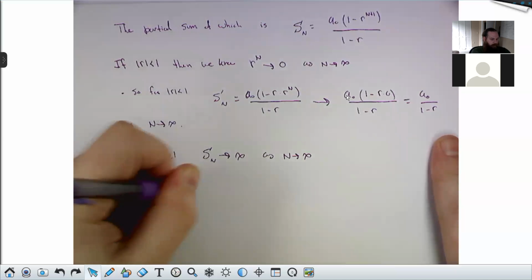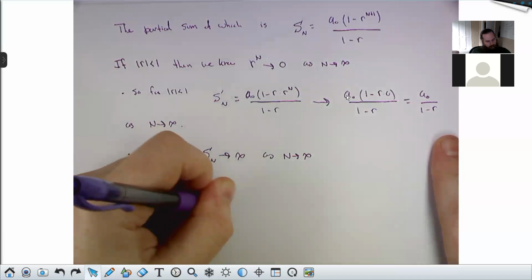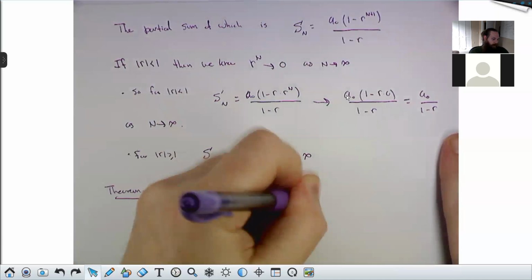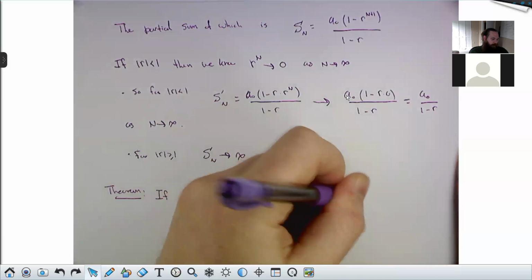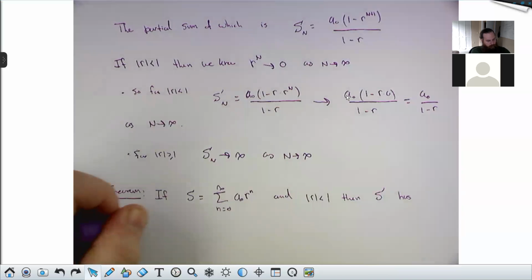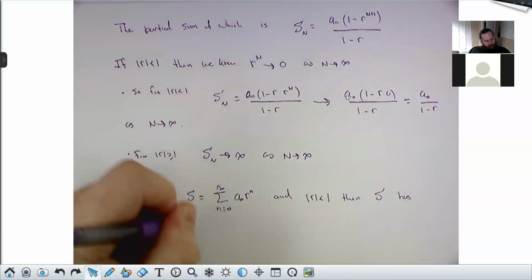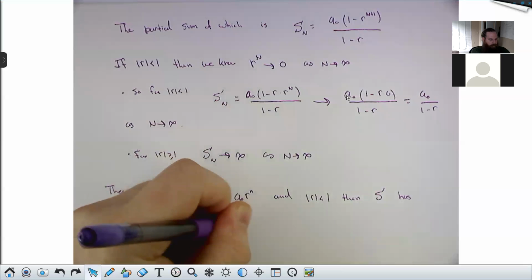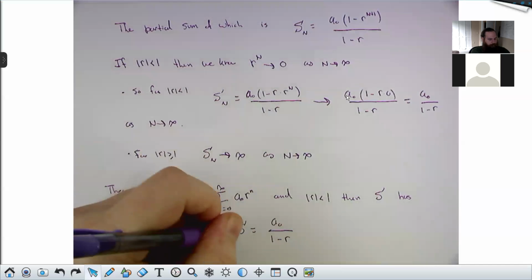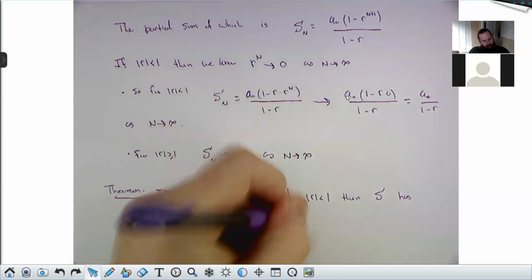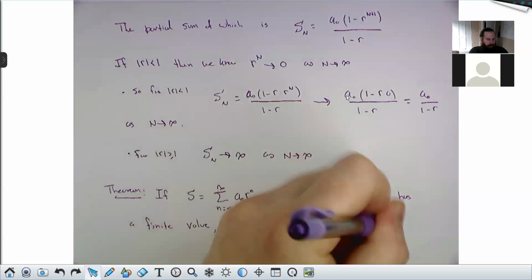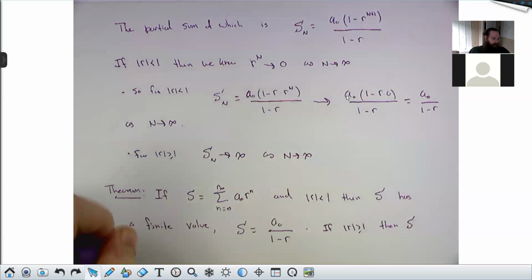If S is a geometric series and the absolute value of r is less than 1, then S has a finite value. Namely, S is equal to a naught over 1 minus r. If the absolute value of r is bigger than or equal to 1, then S does not have a finite value.